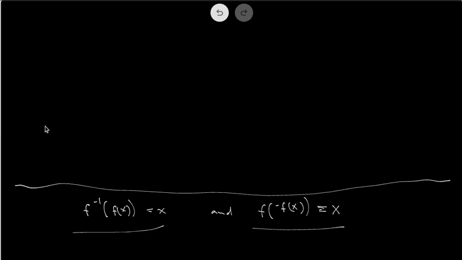So, example. If f of x mo is equal to 3x minus 5, find the inverse function of x. So, inverse function, f negative 1. So, yan yung hinahanap.